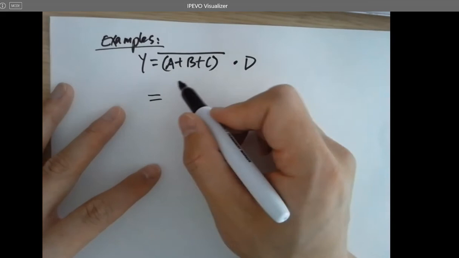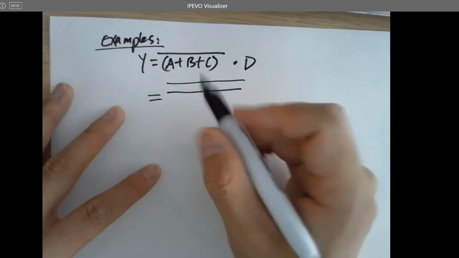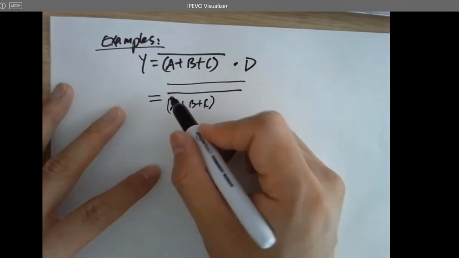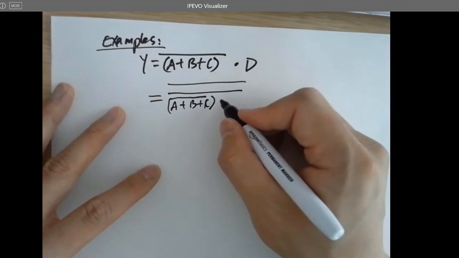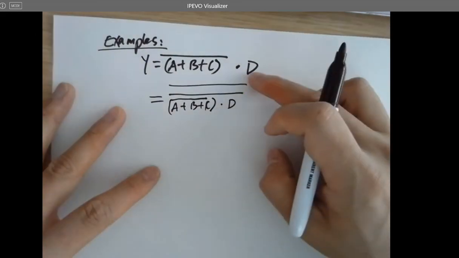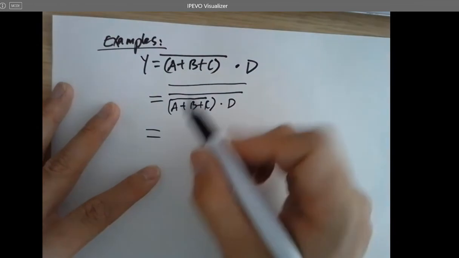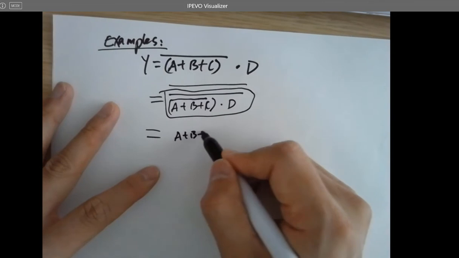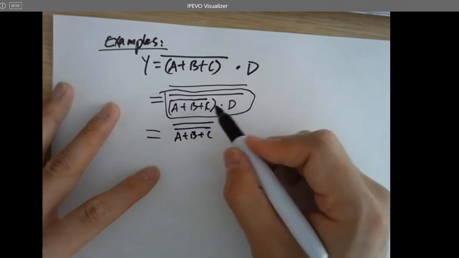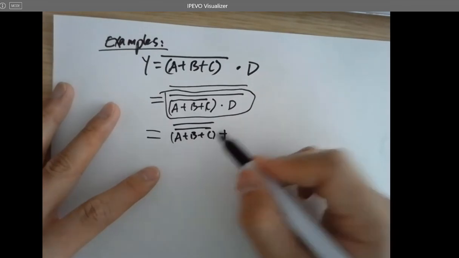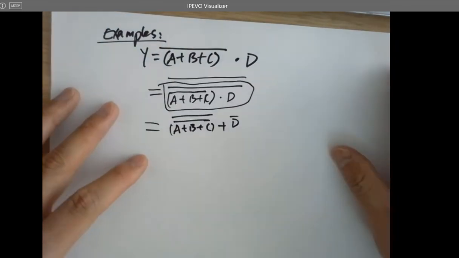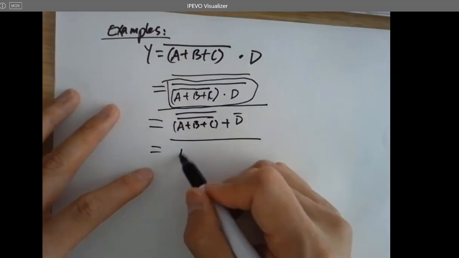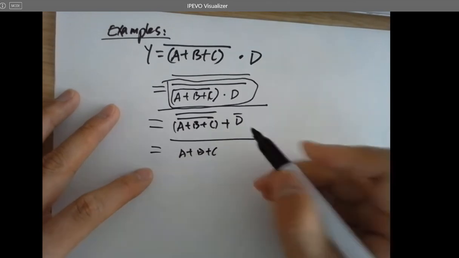Two bars. Invert, invert. It's not changing the result. And then you use De Morgan's law for this part. So it is split the bar, change the sign. You're getting this. Bar on top. So this is A or B or C or D, NOT.